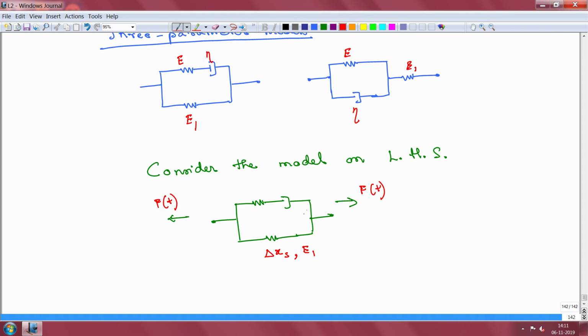Now, this basically is going to behave like a Maxwell model, right. So, this entire thing is a Maxwell's model. So, let us denote the displacement here by x m and the force it experiences as F m t, and here the force will be F s.